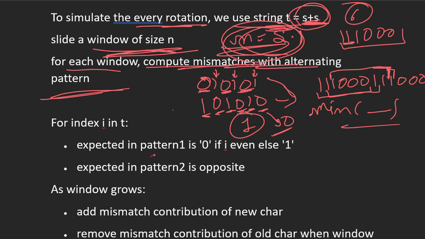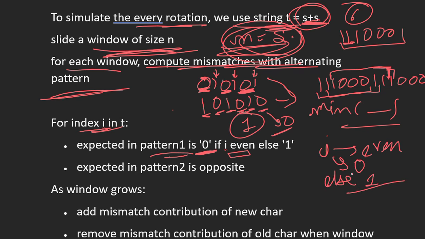So in pattern 1, if the index is i, we expect it to be 0 if i is even, that is 0, 2, 4. If the index is even, then we want it to be 0, else it will be 1. And it is opposite in pattern 2.